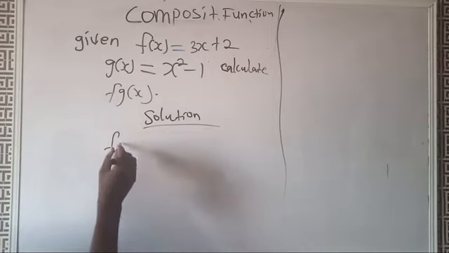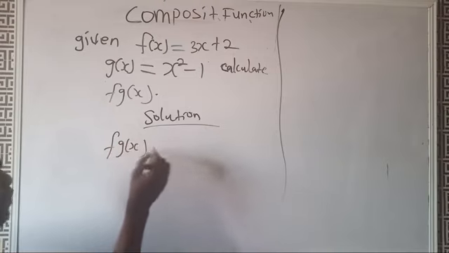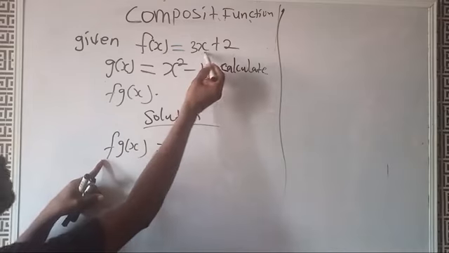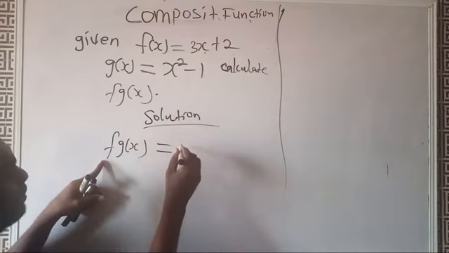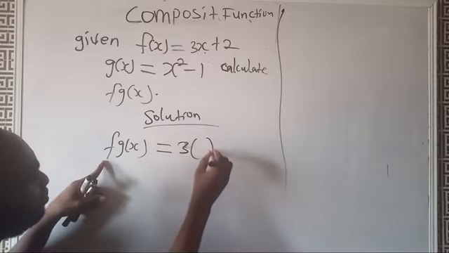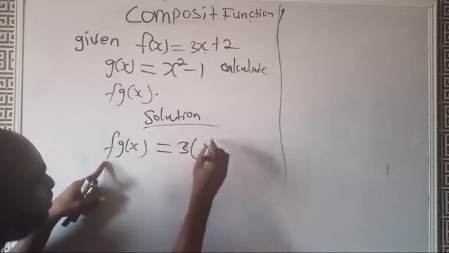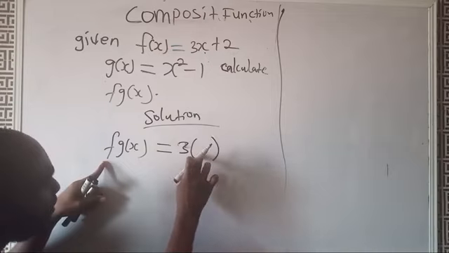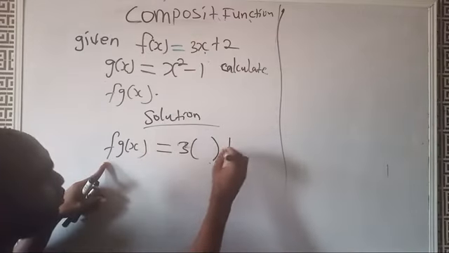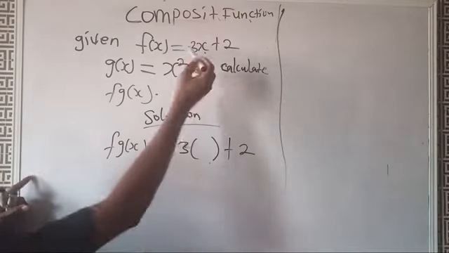In solving this, I will first write the function for f of x, which is 3, bracket open, there is a function inside of this bracket, then plus 2.